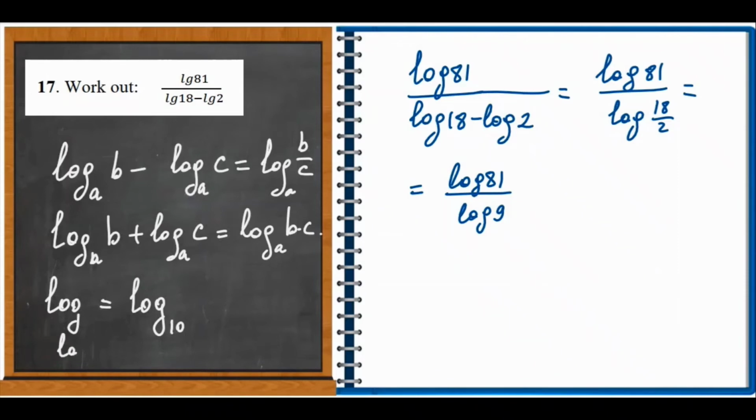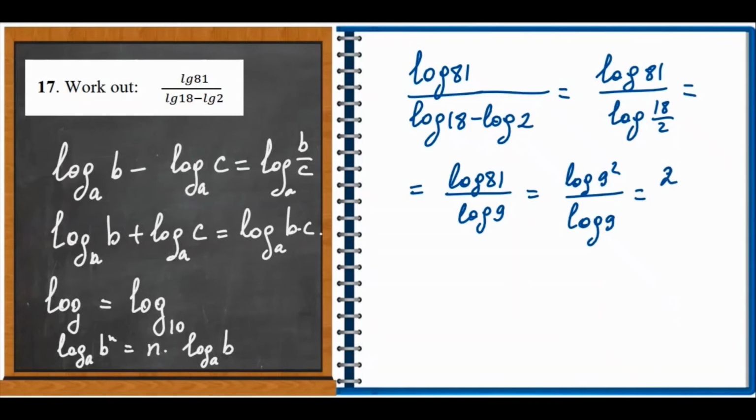When we have log base A of B to the power of n, that n will be multiplied by log base A of B. Right, we can write log 81 as log 9 to the power of 2. Oh, sorry, it's just 9 squared. Now 2 is in front of log 9, and here's log 9. So they will be cancelled. The correct answer will be just 2.